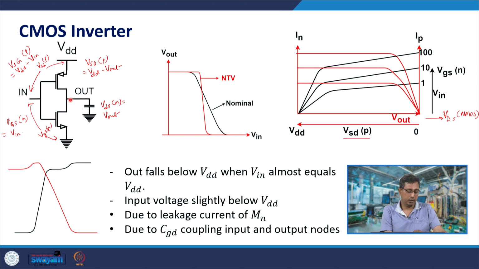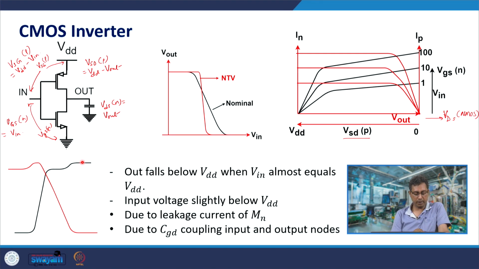So, if this transistor is on and this is off, you should ideally have 0 here, but since the leakage current through the P MOSFET cannot be neglected, the voltage here is slightly above 0. Because of the leakage current, the output voltage would never reach 0 or VDD. Because of the N MOSFET leakage current, when the input is 0, the output would not be exactly VDD, but slightly lesser than VDD.